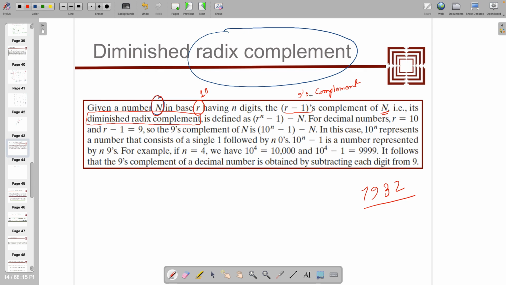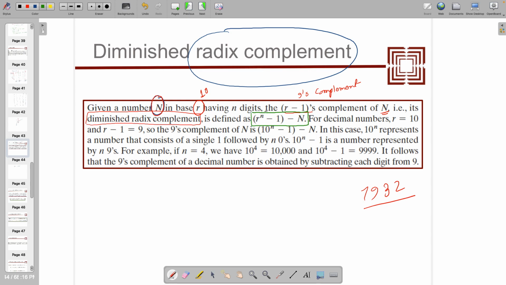So that gives 9's complement. It is defined as r raised to n, minus 1, minus n, where n is the actual number which was given to you.